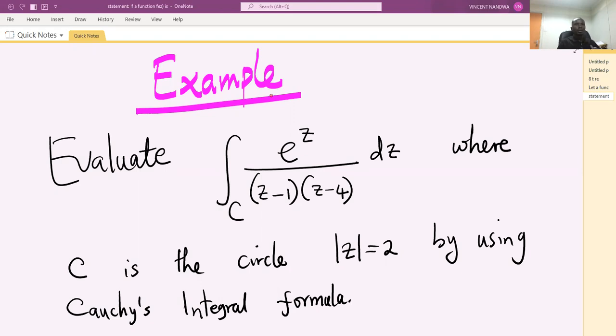So here is another problem on application of Cauchy's integral formula. So the first step is to find the poles of the integrand. So let's specify what we have in the question.